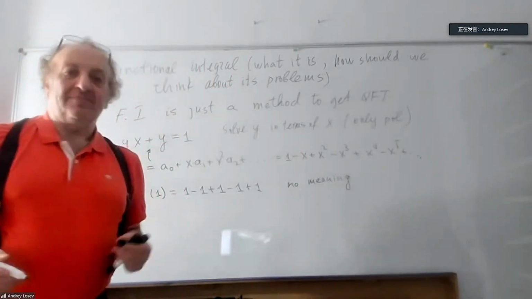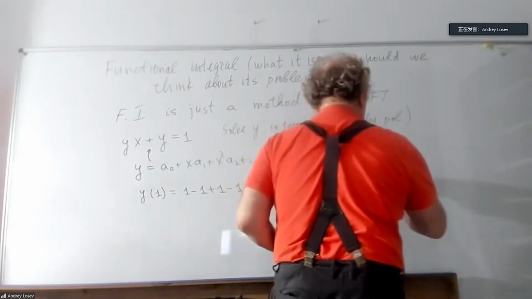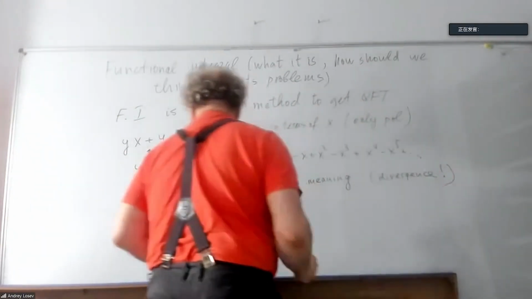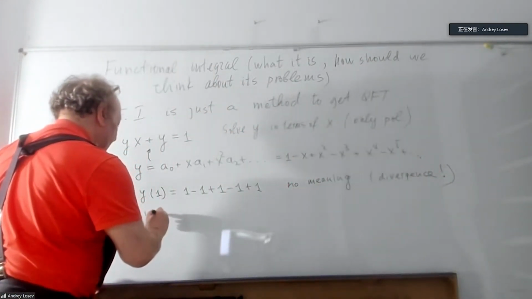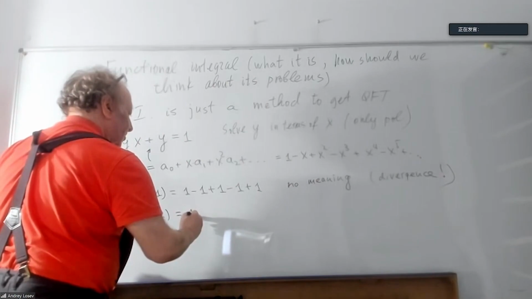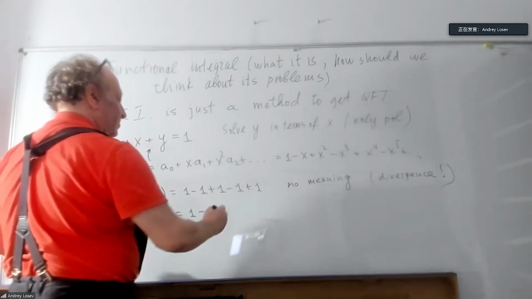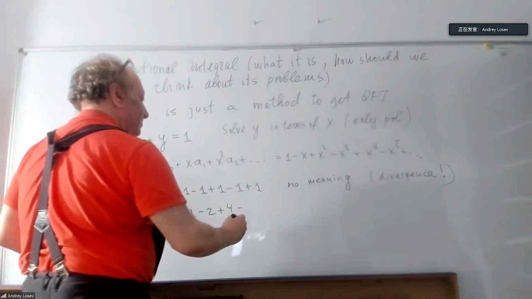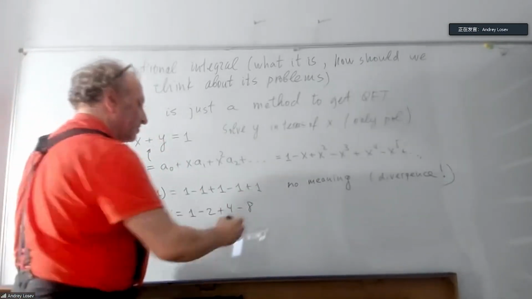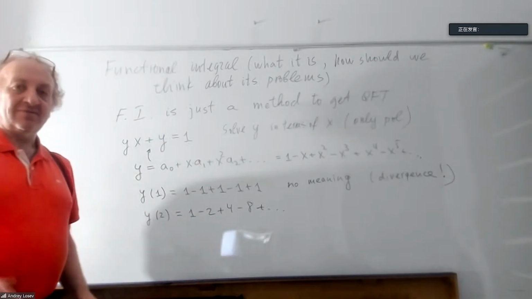And in this parable, I will call this theory divergent. And if I'd like to understand what is y of 2, it is, of course, 1 minus 2 plus 4 minus 8, etc. Something that is even more crazy, okay?